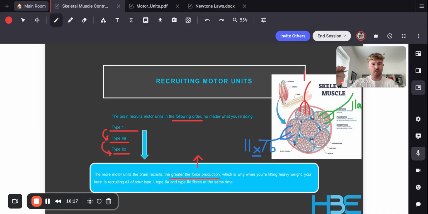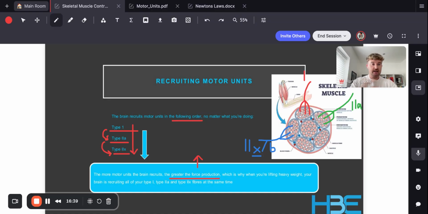So there is this order of recruitment, but as I say, I don't think it's that important that you know that for the exam. But that's just in case they ask about an order of recruitment. It could just be a one marker saying, what is the order of recruitment? And it does go in the order that you'd imagine it. Type 1, type 2A, and then finally type 2X or type 2B.